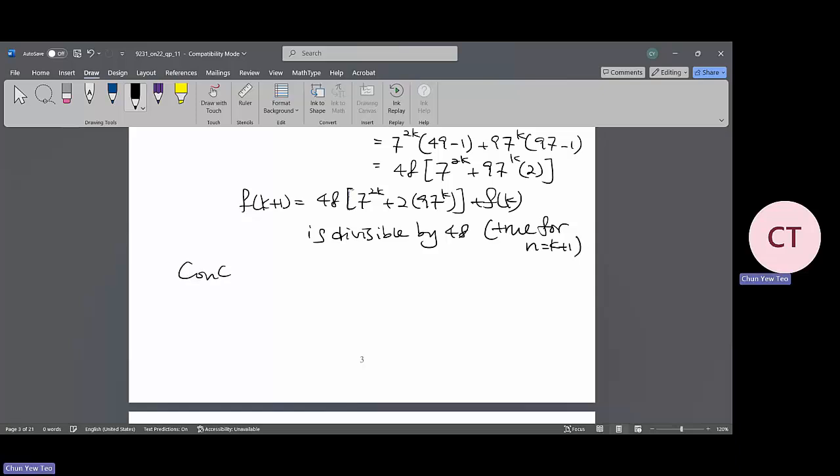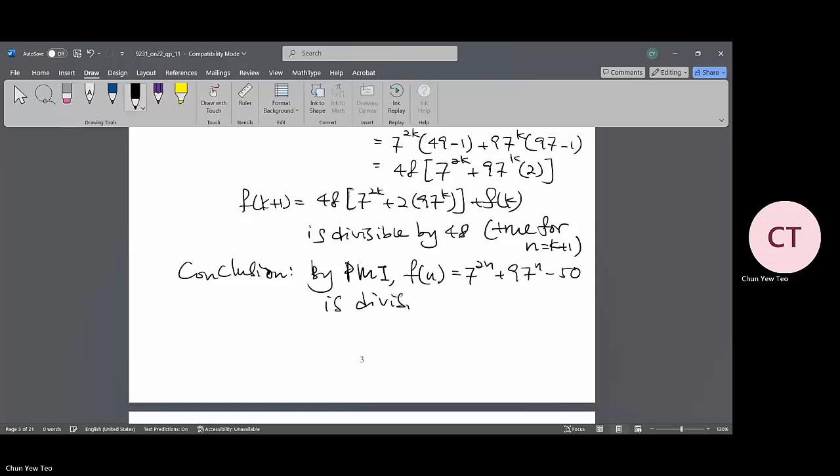So conclusion, by the PMI, the f(n), which is 7^(2n) plus the 97^n minus 50, is divisible by 48 for all positive integers.